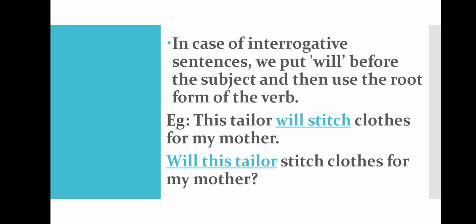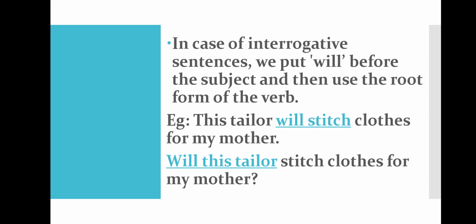Now let's go to the next point. In case of interrogative sentences, we put will before the subject and then use the root form of the verb. Interrogative sentences means question sentences.